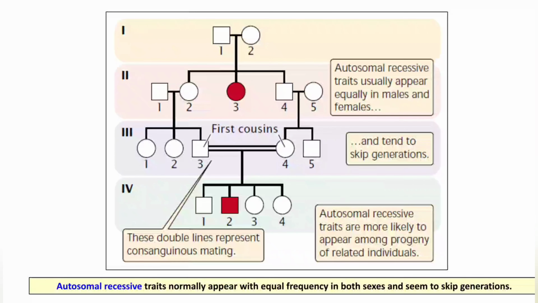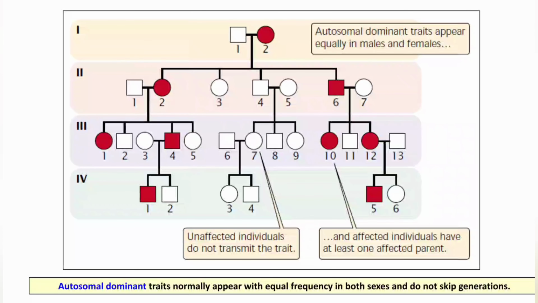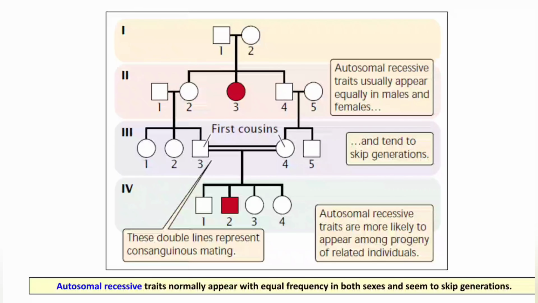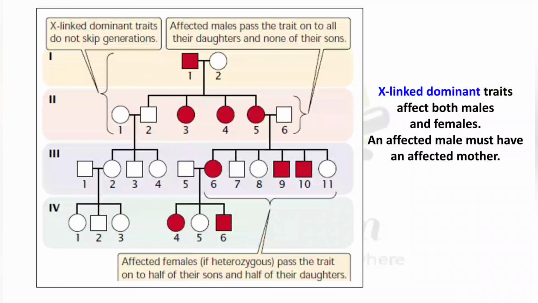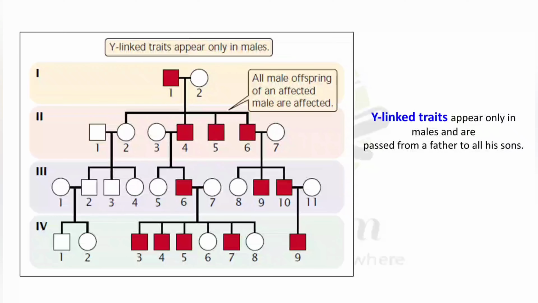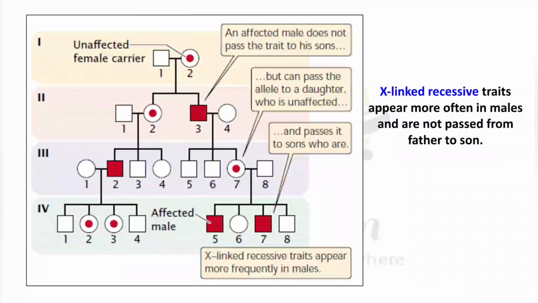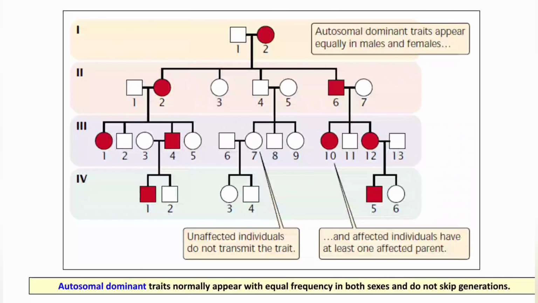So how do you determine whether the inheritance pattern shown is autosomal dominant, autosomal recessive, X-linked dominant, X-linked recessive, or Y-linked? There are some tricks. By observing the characterizing features, you will be able to recall which inheritance pattern the pedigree chart is showing. So let's start discussing one by one.